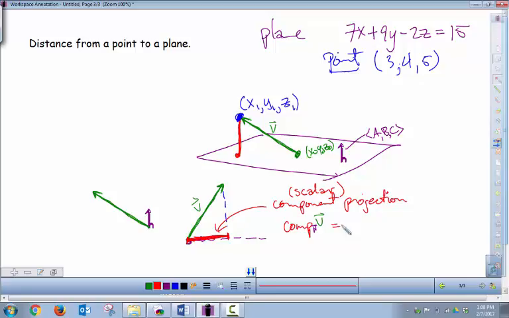And I don't know if you guys remember the formula, but the formula had a dot product at least. That's what I remember. And then it's divided by a magnitude of either N or V. That one's a little tougher to remember. But it turns out to be the magnitude of what you're projecting onto.